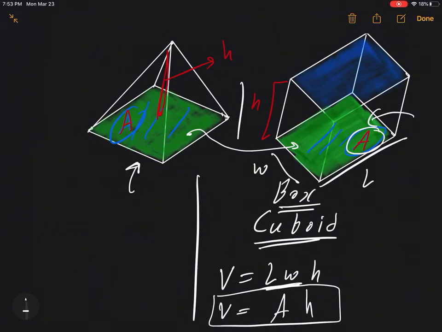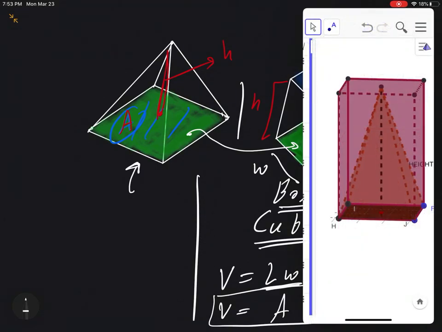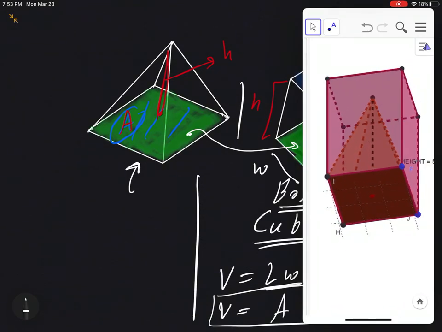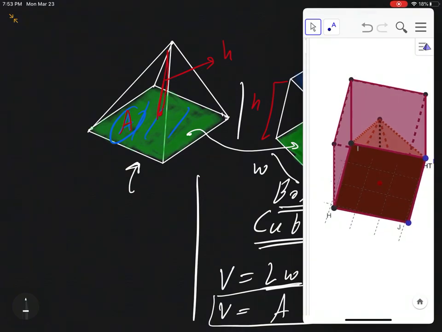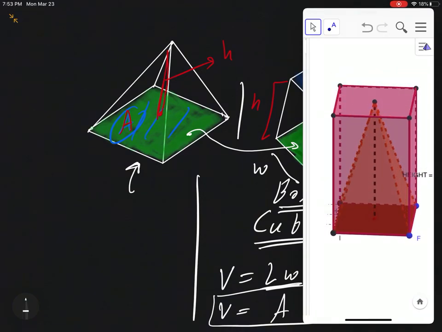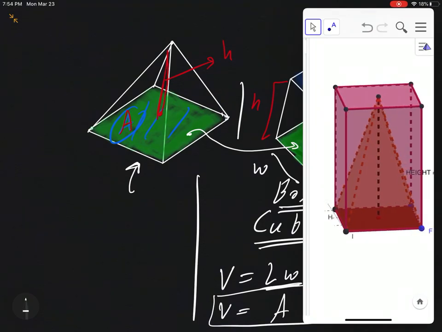For now, let's look at an animation that is similar to the one that we looked at before for the comparison between the cone and the cylinder. We have here a box, and that box contains a pyramid. That pyramid has a base that is square, identical and congruent to the base of the box.